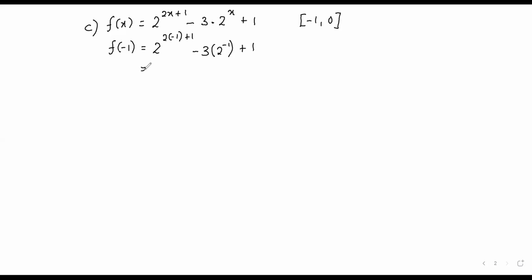So let me first write it the way it is. This is 1 over 2 minus 3 over 2 plus 1, and this is 0.